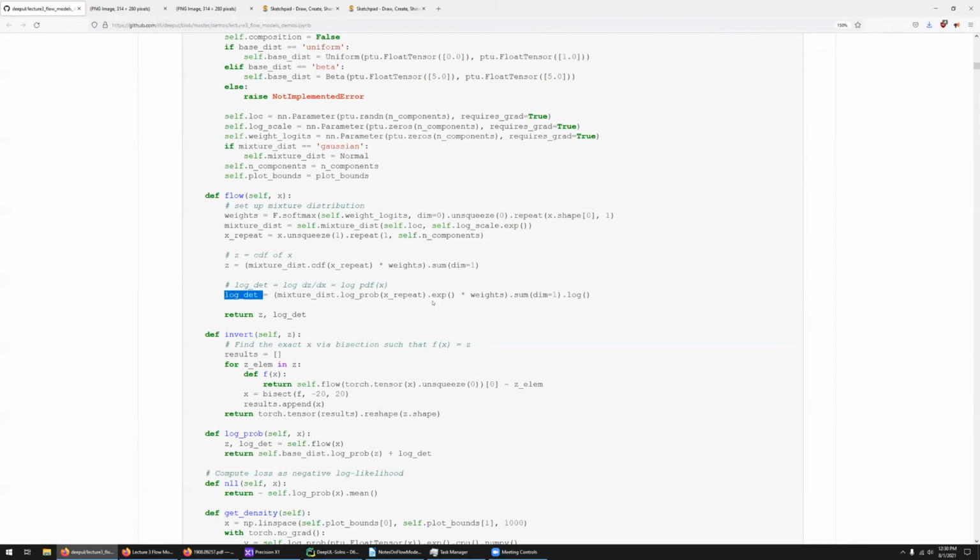Okay, log probability, this one, right? So you take z, which you get from the flow, which is just the CDF, which maps your R into 0, 1, and then you get the log determinant also, and you just add them together, and you pass it to the base distribution.